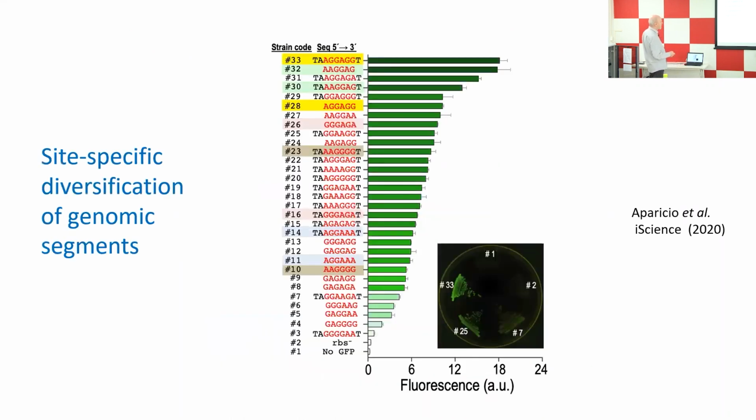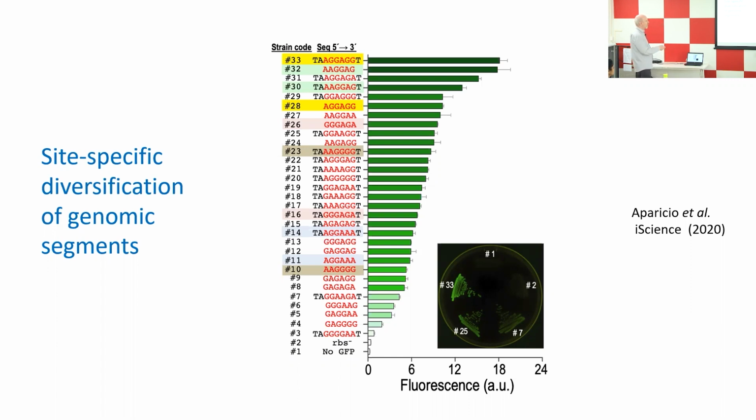Okay? So in this case, for instance, it was an experiment in which we tried to optimize the Shine-Dalgarno sequences, the ribosomal binding sites of a promoter that was in front of a GFP protein in the genome of Pseudomonas putida. So what we did was to transform the strain with a pool of mutagenic oligonucleotides that would target specifically that region, and at the same time express in trans a protein called SSR that will bind the single-stranded DNA and would take it to the replication fork.